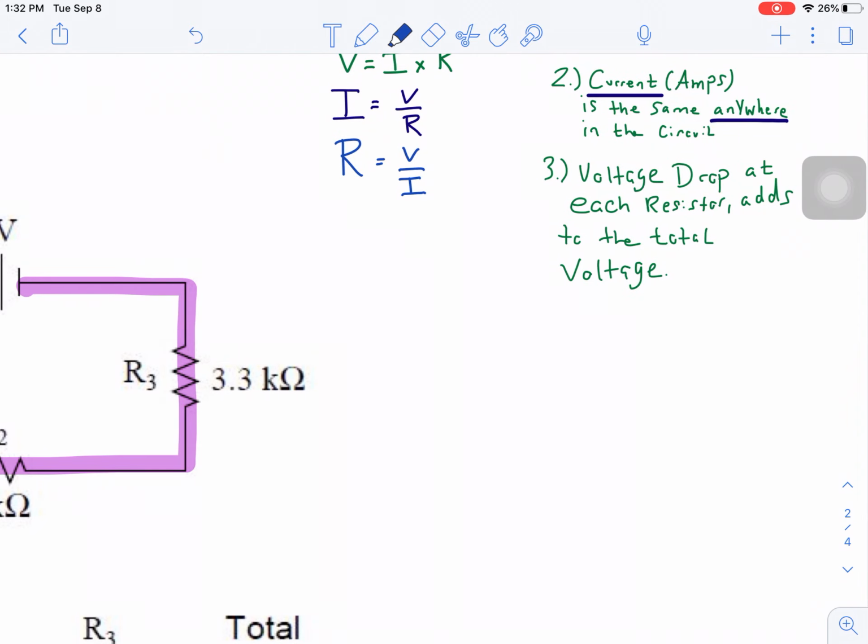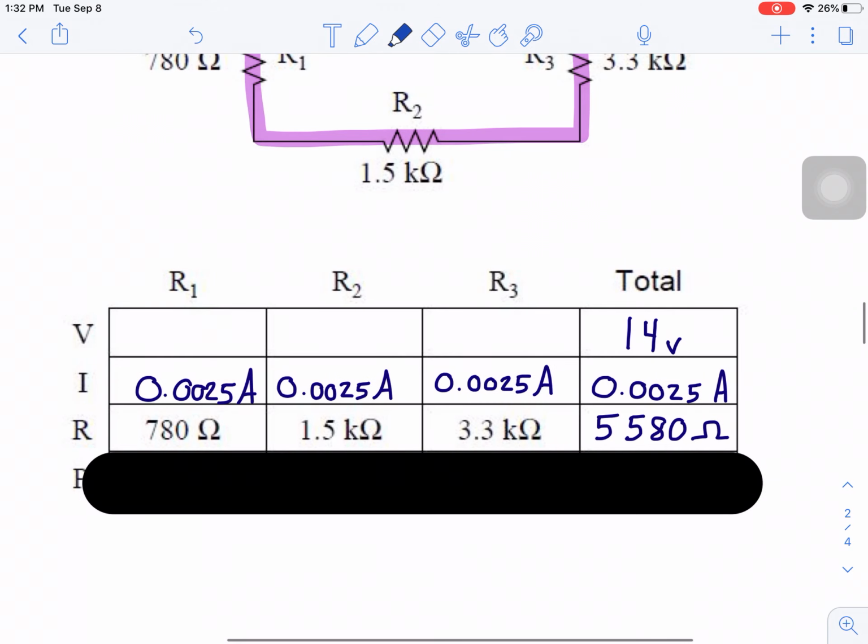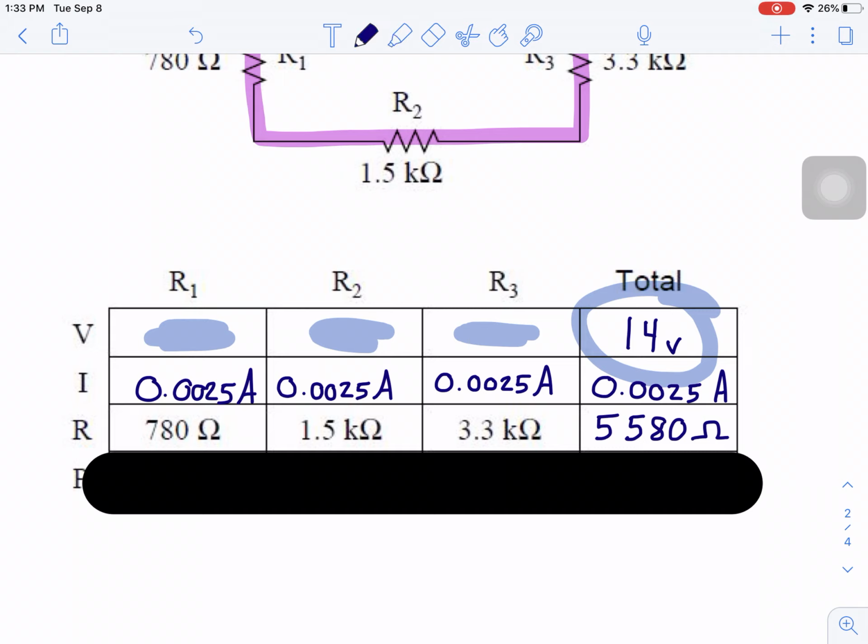It says the voltage at each resistor adds to the total. So that means whatever answer we get here, here, and here must equal 14. But that doesn't really tell me the exact number. Is it like 2 volts, 6 volts, and 6 volts, or what are the exact numbers?